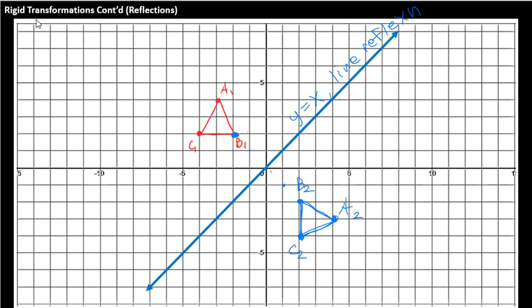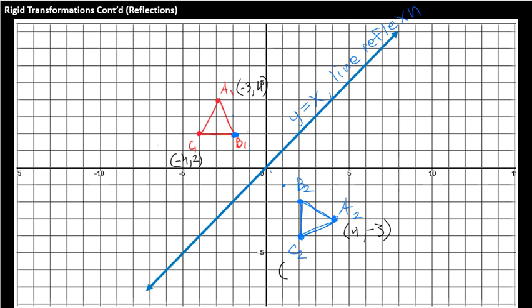Now looking at it numerically, what did we change? A is (-3, 4). Our new A is (4, -3). What about C? C1 is (-4, 2).